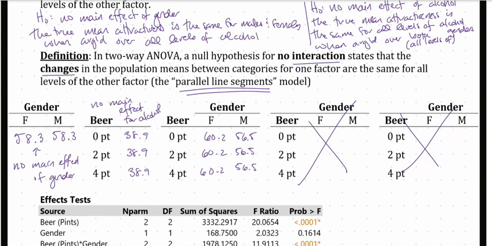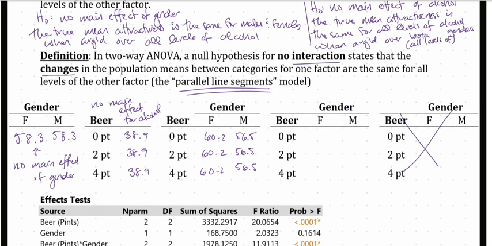That is, if you have 0 pints of beer, when you compare females to males, we see the same average drop of about 4 points. If you have 2 pints of beer, we see the same average drop of 2 points. And the effect of gender when you have 4 pints of beer is the same drop of 4 points.